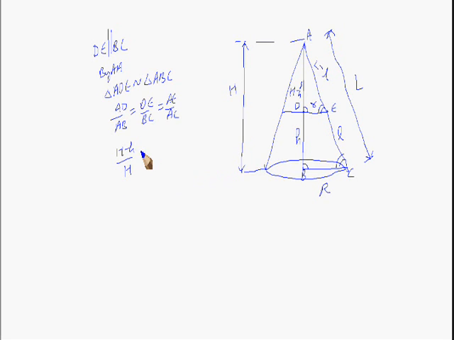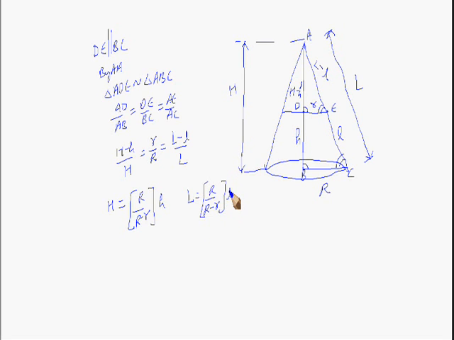The value of AB is H, DE is small r, and BC is capital R. The value of AE is capital L minus small l, and the value of AC is capital L. Now, by solving these, we get capital H is equal to capital R upon capital R minus small r into small h. And while solving these, we get capital L is equal to capital R upon capital R minus small r into small l.